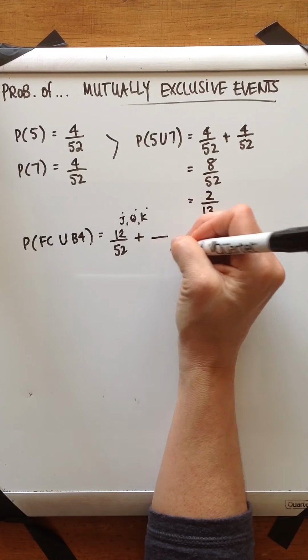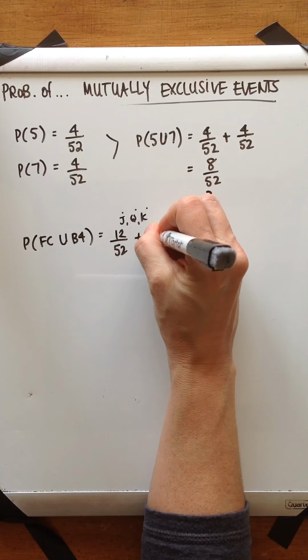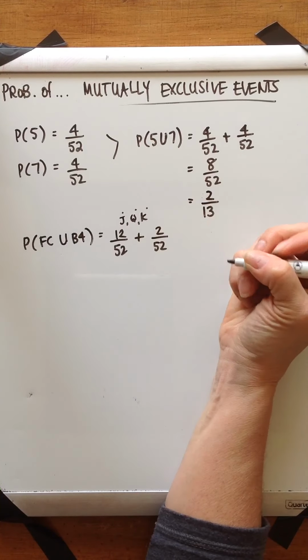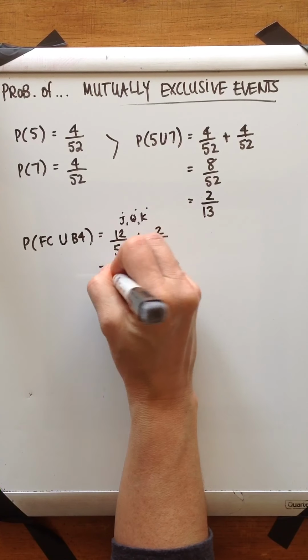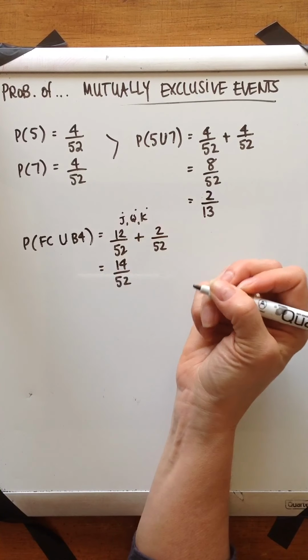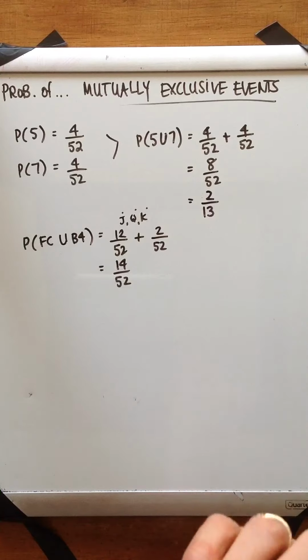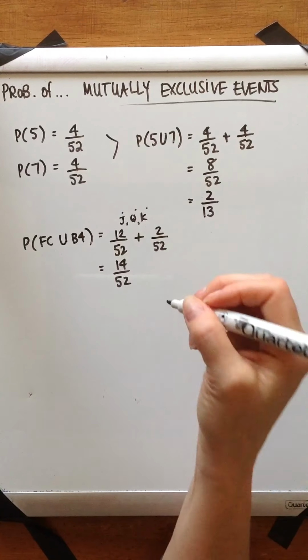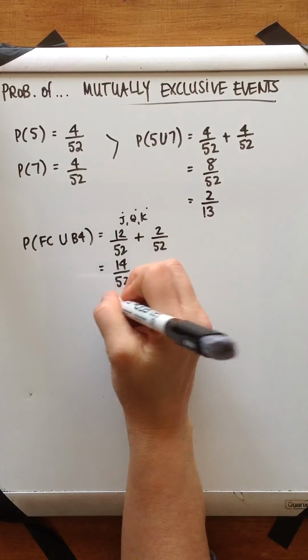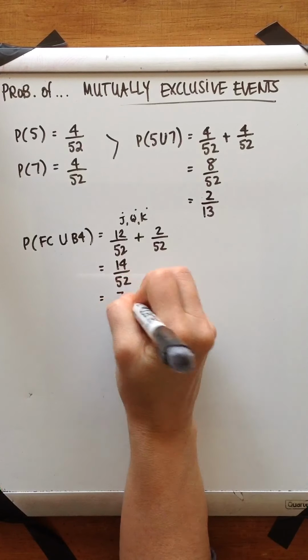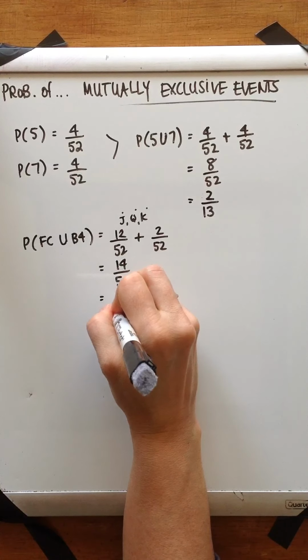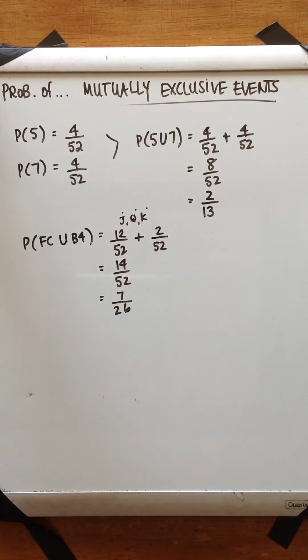Well, there are 4 4s in a deck, but only 2 of them are black. So we have a 2 out of 52 chance, which means we have a 14 fifty-seconds chance overall of getting a face card or a black 4. Both of these are even numbers. I could divide by 2, and I know that I get a prime number on top, so that's the greatest common factor. And when I divide 52 by 2, I get 26.